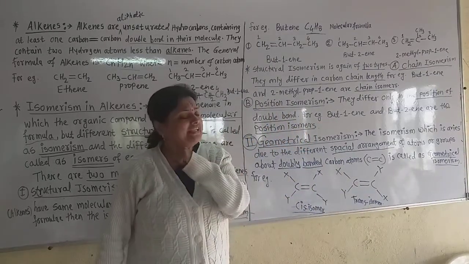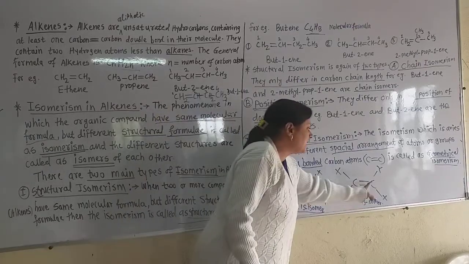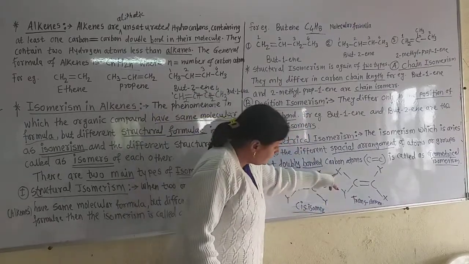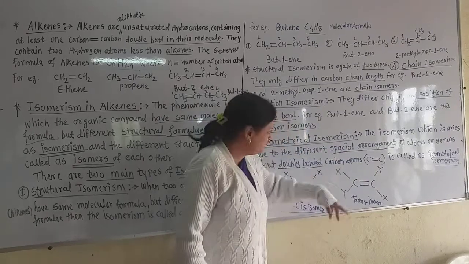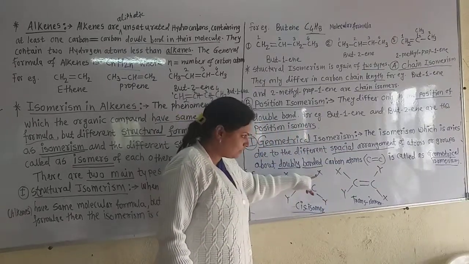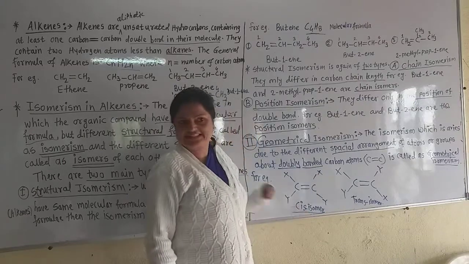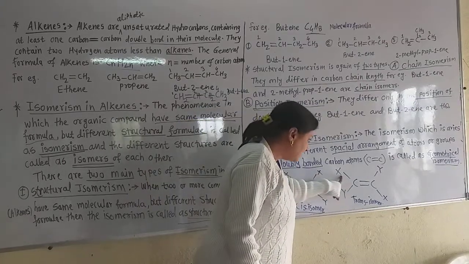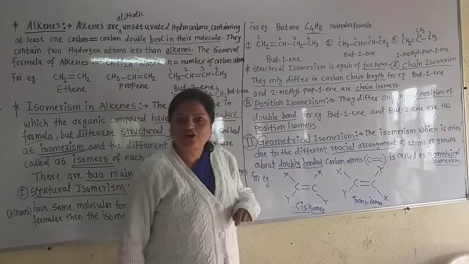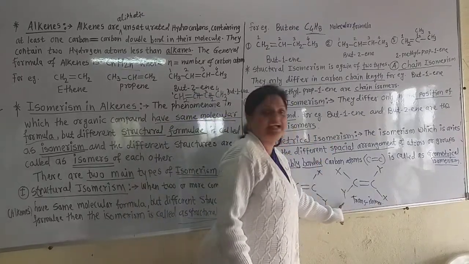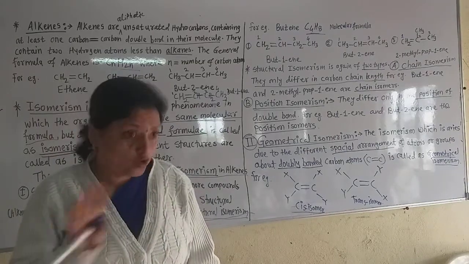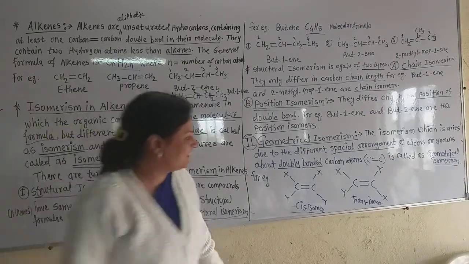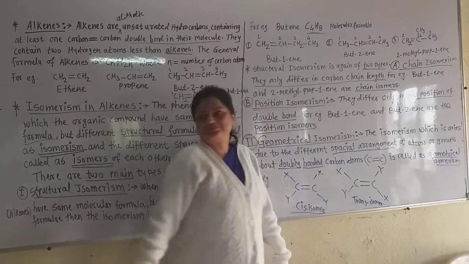Now what you see here is that these carbons have different atoms or groups on either side. Here both have XX and YY, so this is the cis isomer. But here one X and one Y are on either side. Only rotate one of the carbons, not both, and then you get the trans isomer.